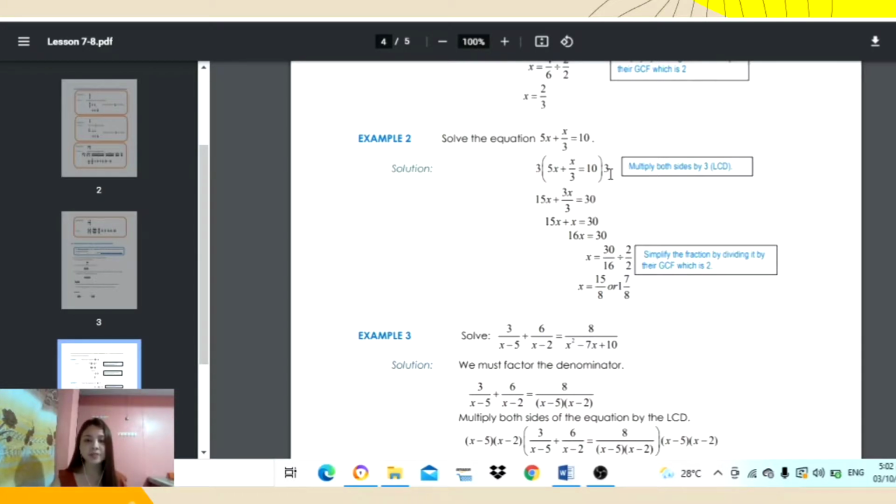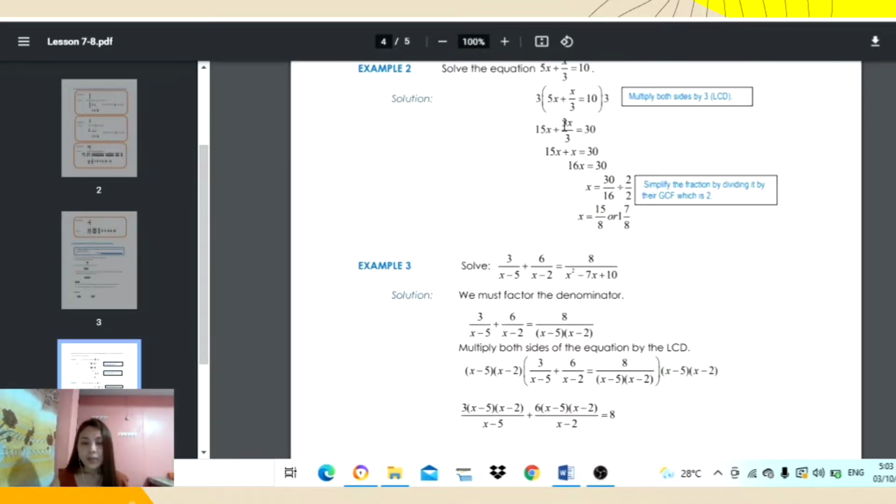And 10 times 3 is just equal to 30. Now, we can simplify 3x over 3 by dividing 3 by 3. So 3 divided by 3, meaning 1. So there's 1x remaining. So we just copy 15x plus 1x or x, and then copy 30.